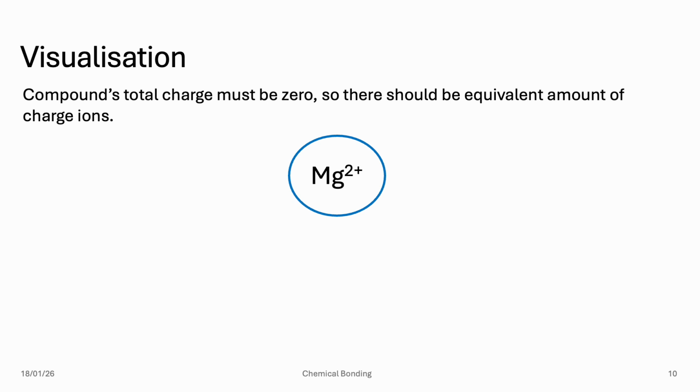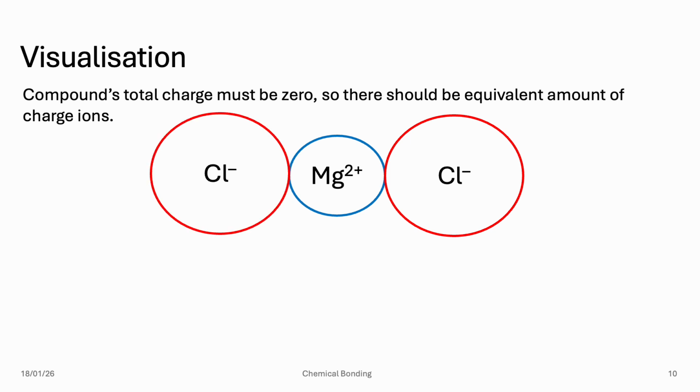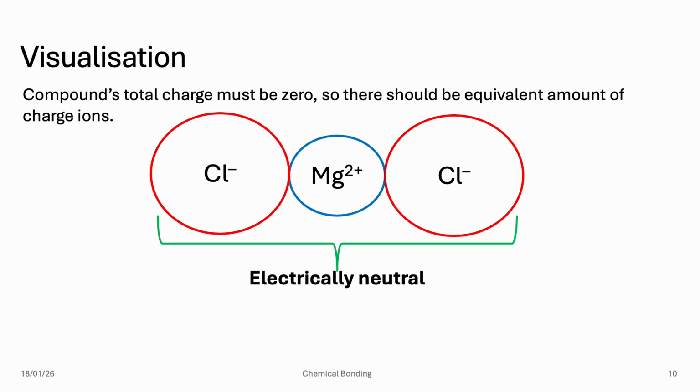It is not 0 now. If there is only 1 Cl, then +2 minus 1, so the overall is +1. So we need one more to balance it. The overall +1 plus negative 1 from the new Cl gives a total of 0. So they are electrically neutral.